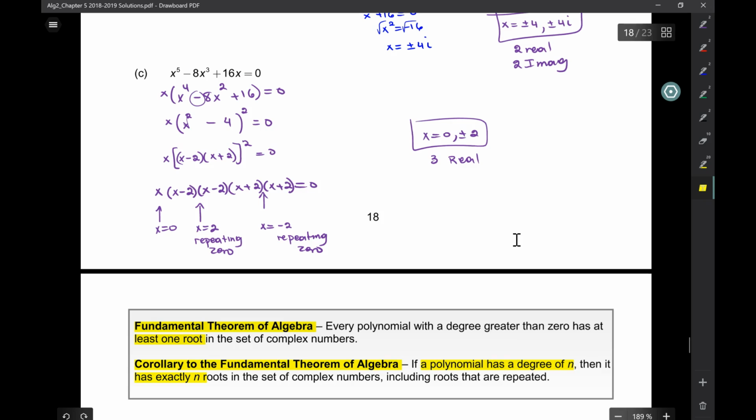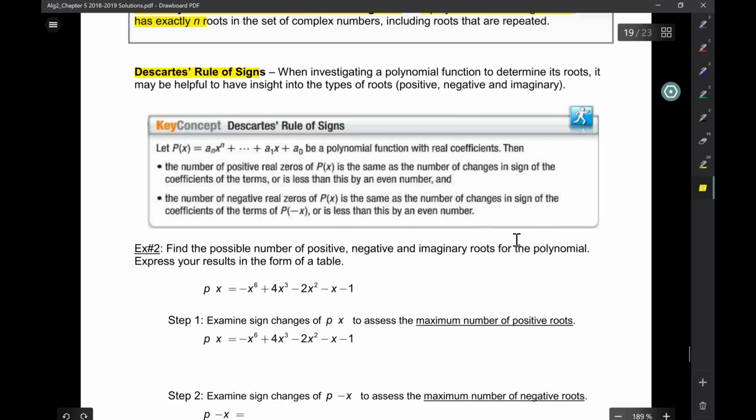So I know this has 5 roots, so it could be 5 real, it could be 3 negative and 2 positive, it could be 4 imaginary and 1 real. When we use his rule, we can come up with a chart and predict the number and type of solution. All right, so let's do this.